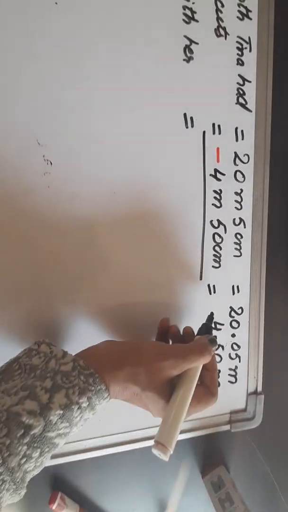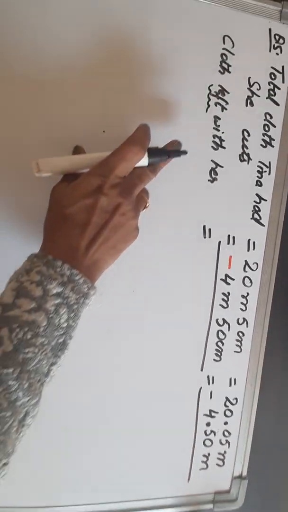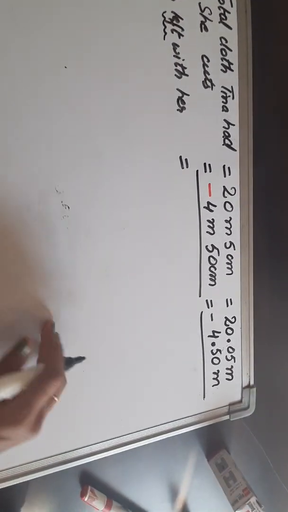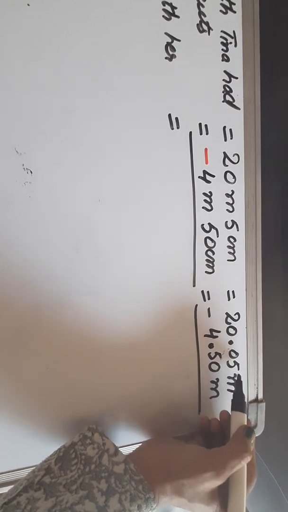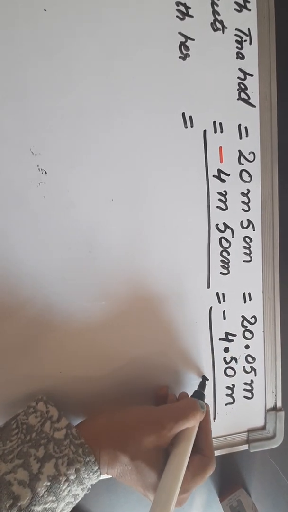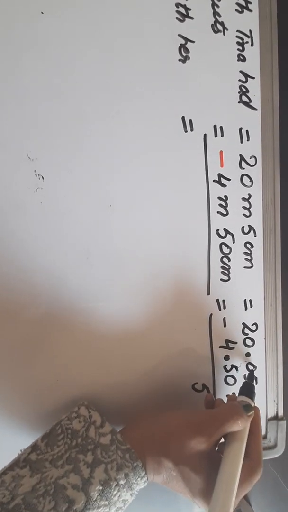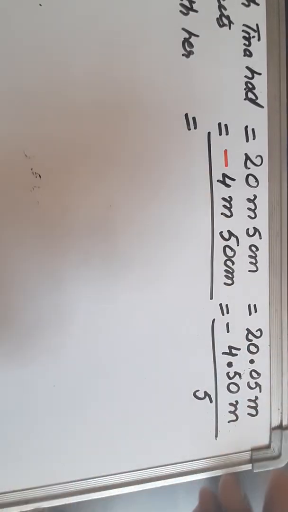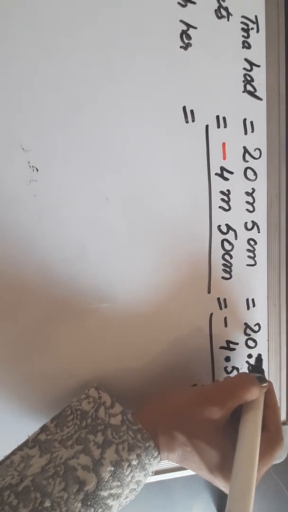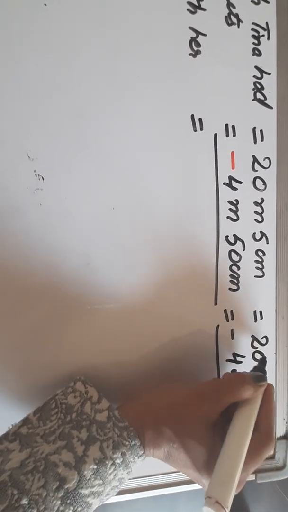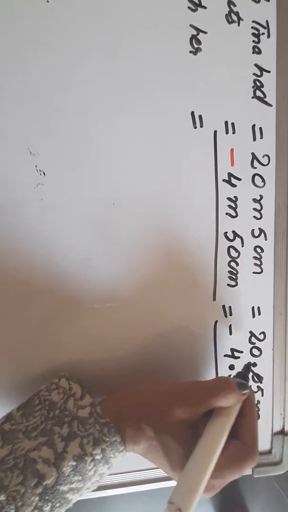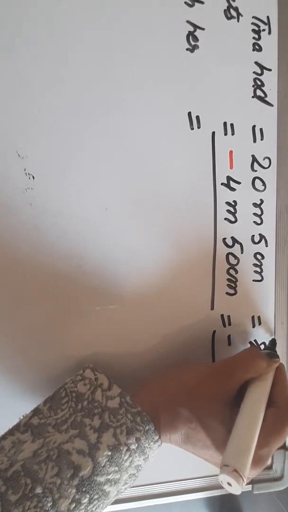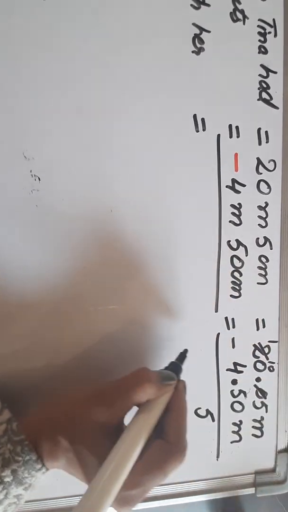Okay. Then take the values and get the answer. Let us subtract the two because we have to find out the leftover cloth, right? So 5 minus 0 is 5, but 0 minus 5 is not possible because 0 is smaller. So it will take 1 from here, but it is again 0, so it will take 1 from here. So it will be left with 1 and it will become 10.